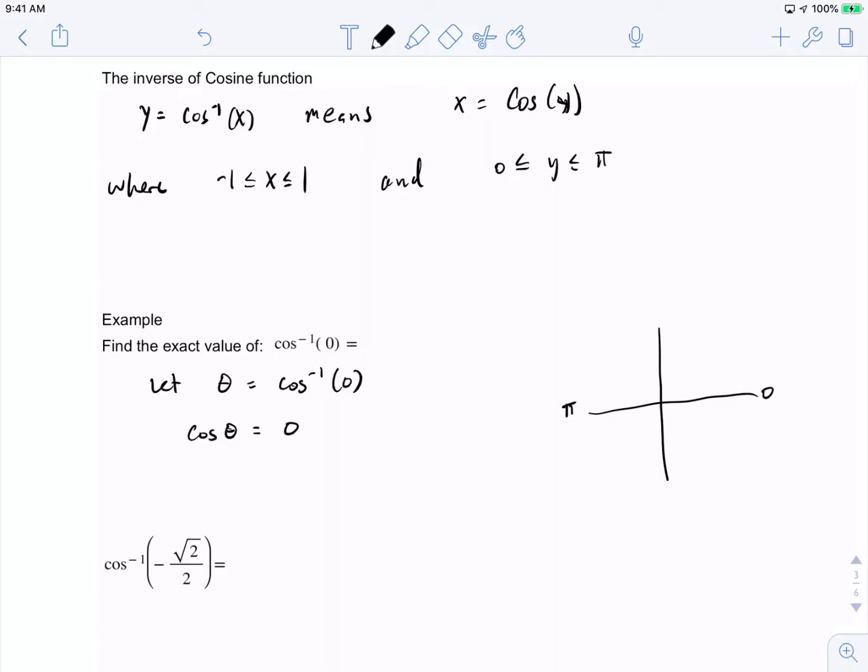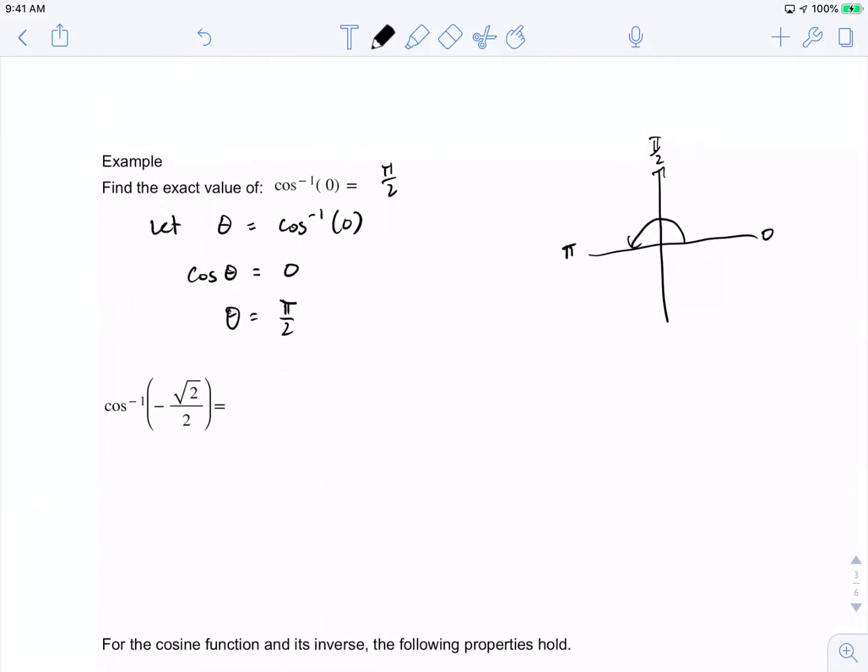Where is cosine theta equal to 0 in quadrants 1 and 2? Well, the answer is at pi over 2. So then we end up getting theta is equal to pi over 2. And so the answer here is pi over 2.